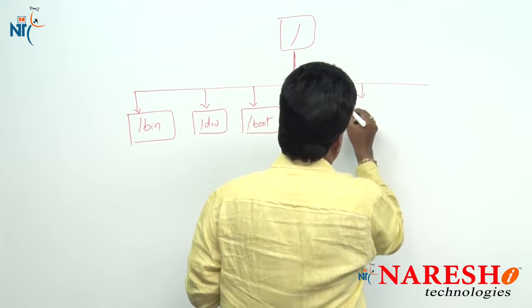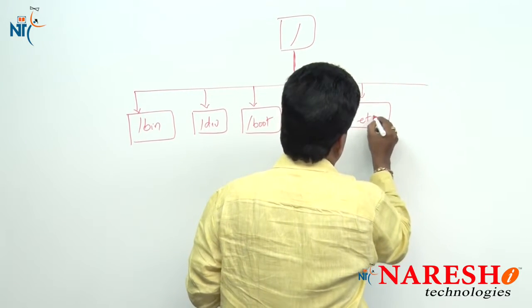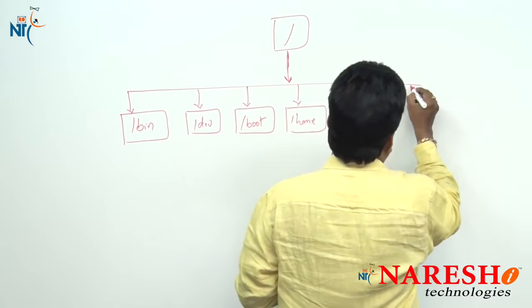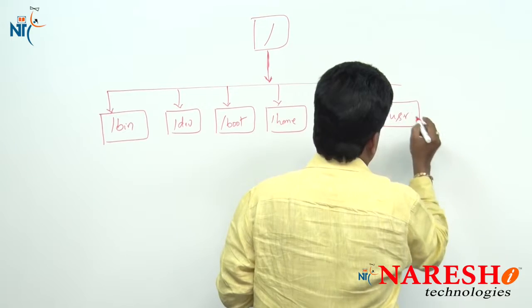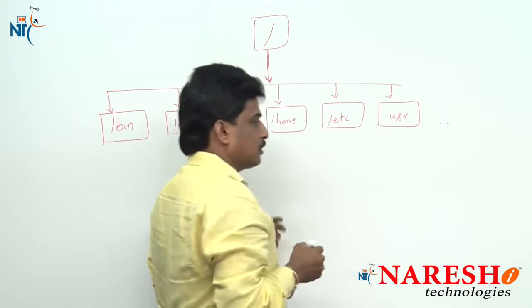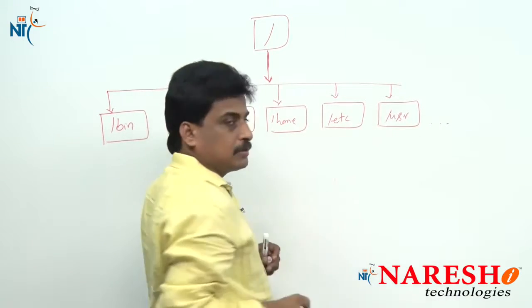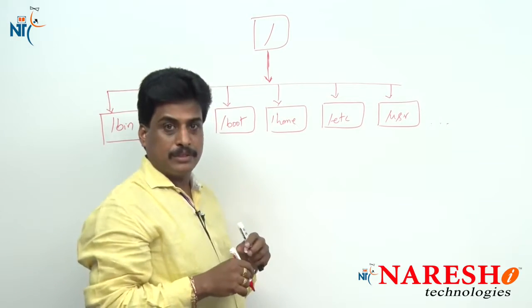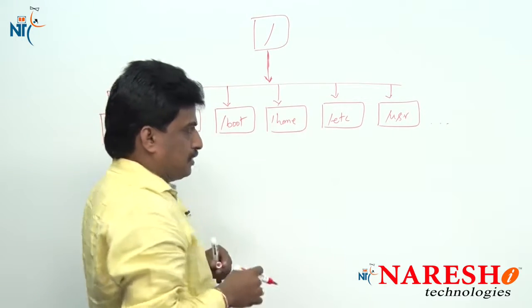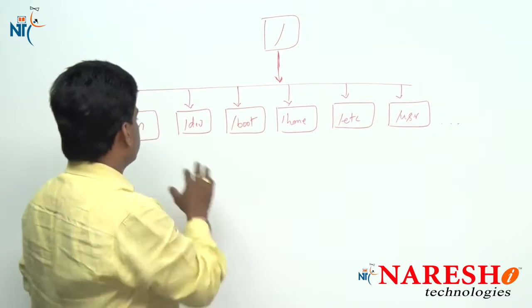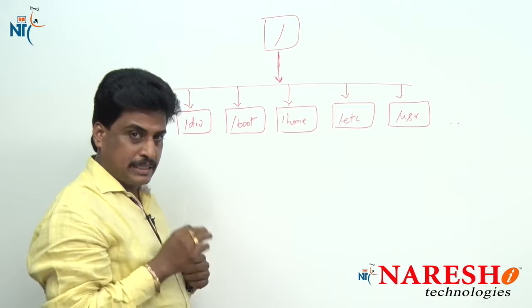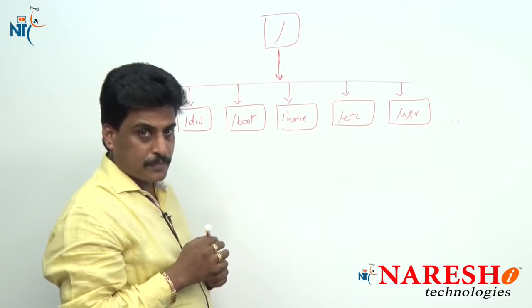Fifth one is etc. Sixth one is usr, etc. A number of predefined directories are available. Now, once you observe, UNIX is a case sensitive operating system. Whenever you are indicating the names, you must indicate with lowercase only.